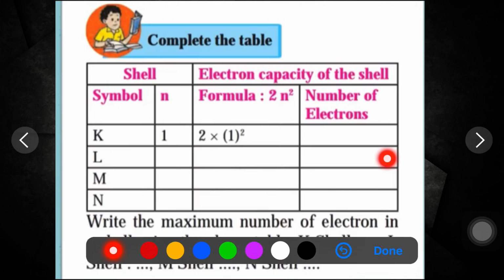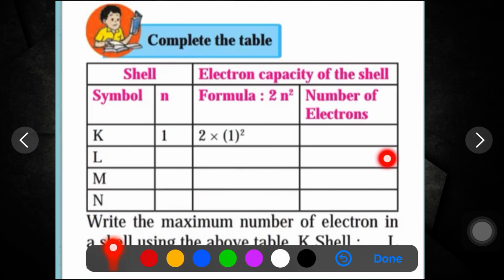Student, now on page number 32 of your textbook, one table is given. So you are going to complete that table. We learned the formula 2n squared. By using this formula, we can find out the number of electrons that shell will have.